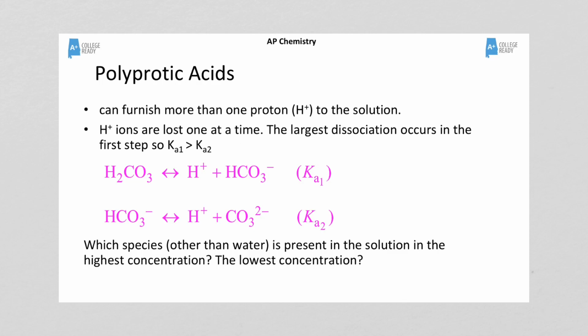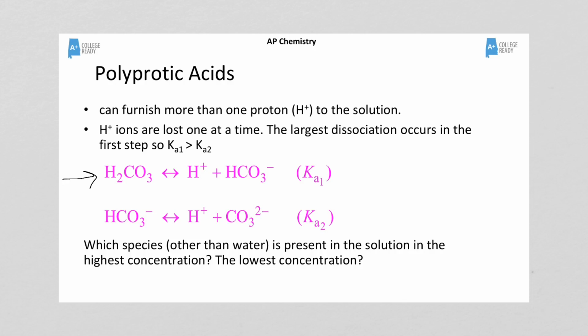There are other acids we call polyprotic acids, or you might see the term diprotic. Diprotic would also refer to carbonic acid, since carbonic acid does have 2 hydrogens. But if you had phosphoric acid, which is H3PO4, that would be considered polyprotic because it has many hydrogens that it would lose one at a time.